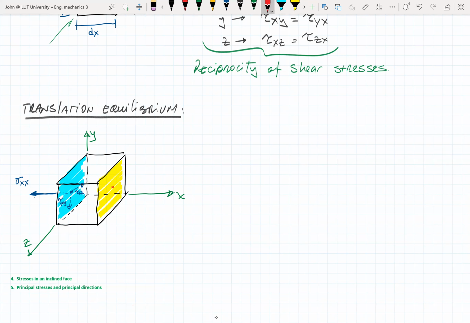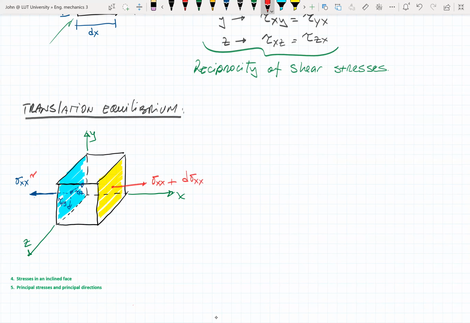In here, I will have normal stress, but it's not going to be the same magnitude as in the negative phase here. It's going to be plus something, an increment. It's going to be a differential of normal stress xx.